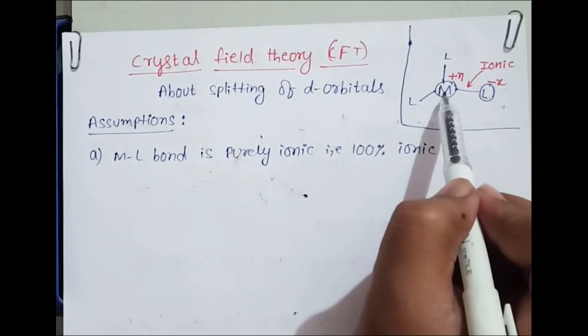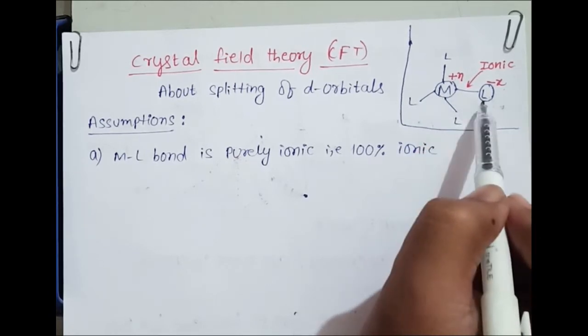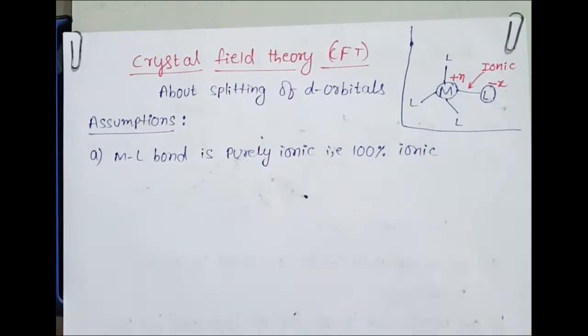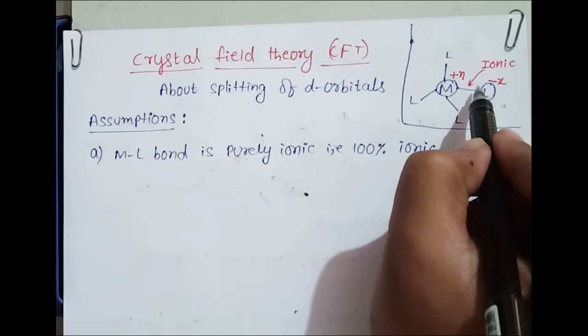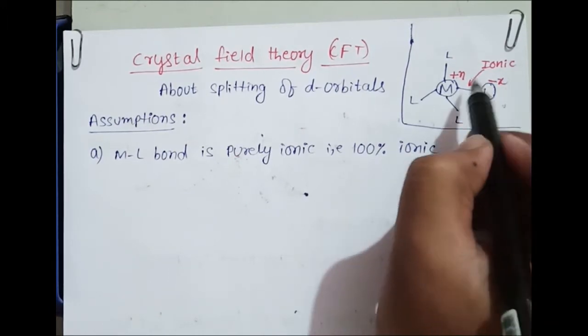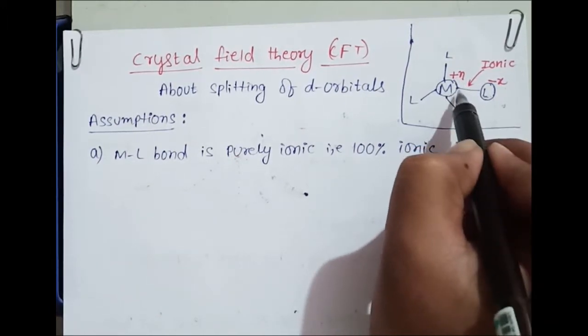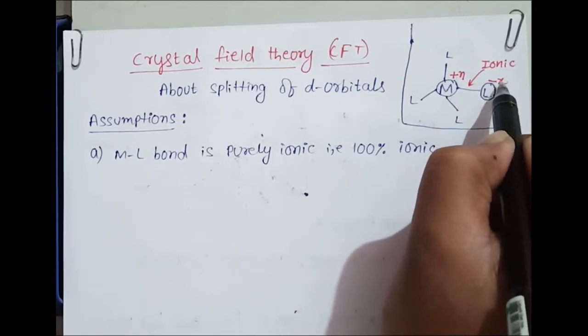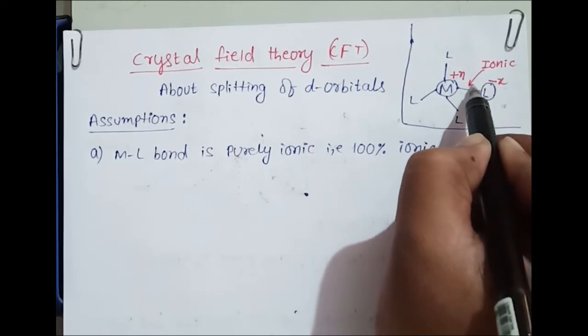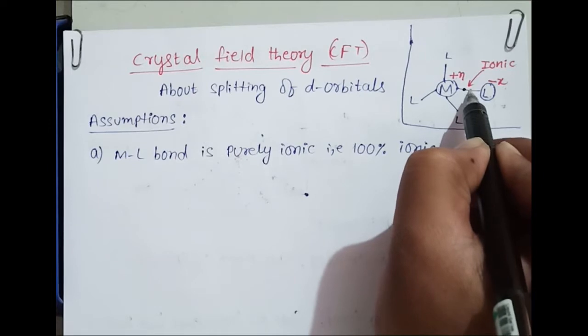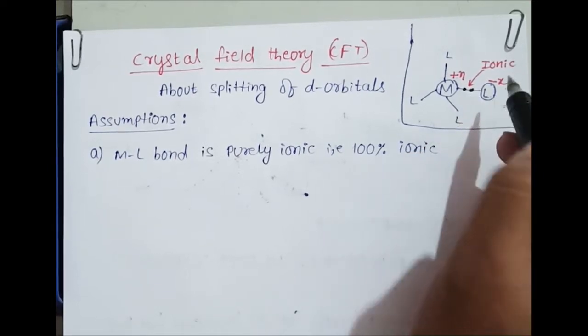So they said the bond between metal and ligand is 100% ionic. But actually that is wrong, because no bond is exactly ionic; there will be some covalent character, because the positive charge will pull the electron towards itself, so there will be some sharing of electrons also.